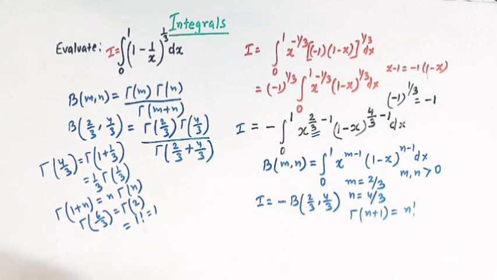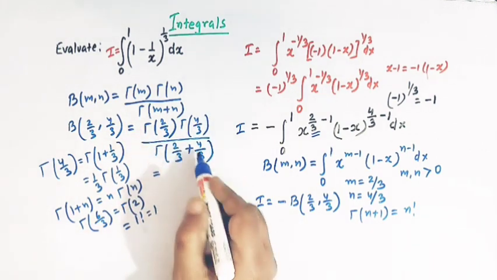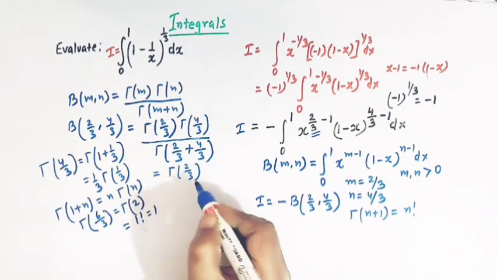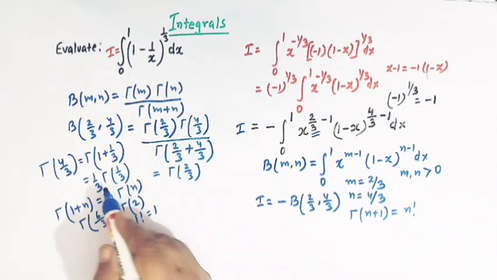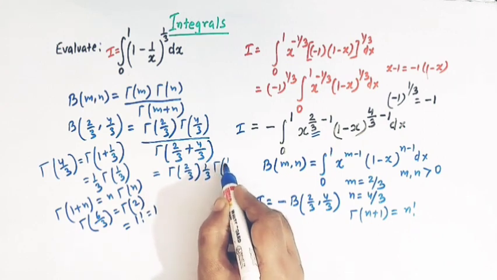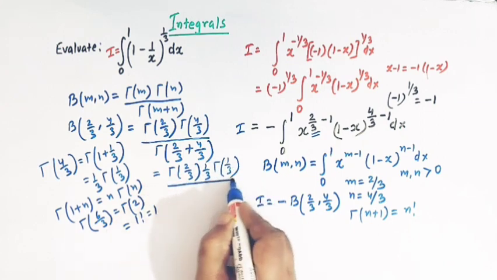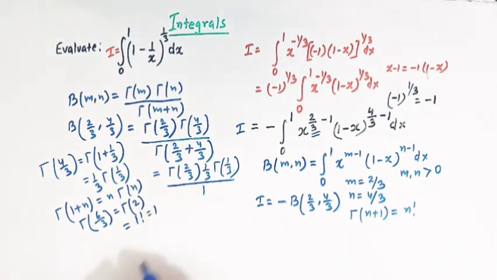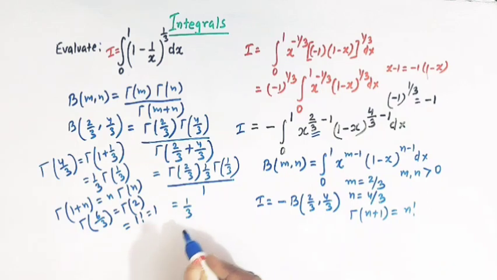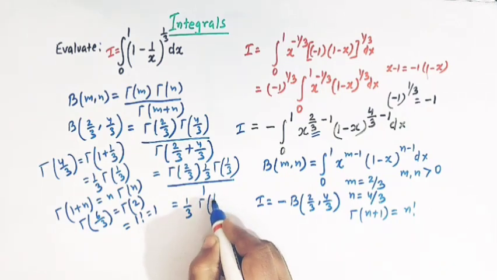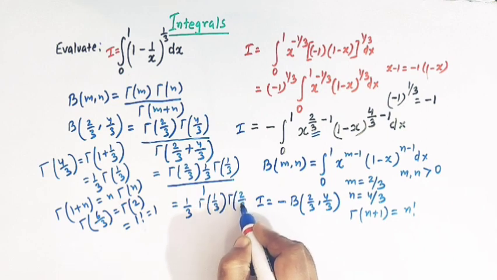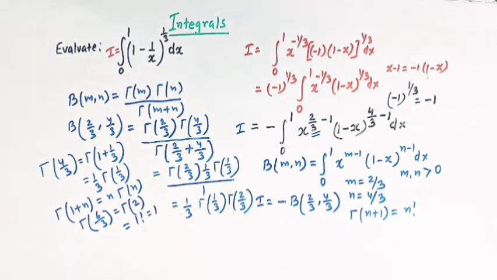Now this expression reads like this: gamma of 2 by 3 and gamma of 4 by 3 is 1 over 3, then gamma of 1 over 3, and in the denominator we have 1. So this can be written as 1 over 3, then gamma of 1 over 3 and gamma of 2 over 3.